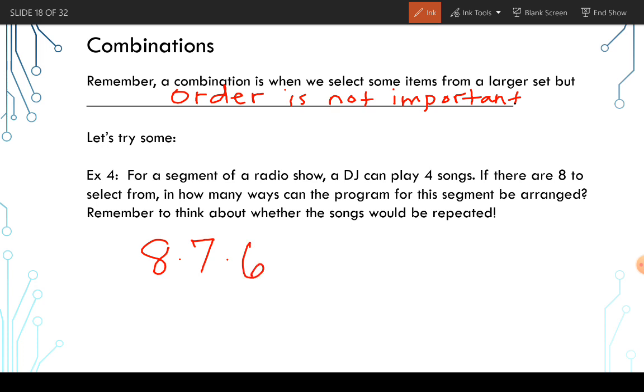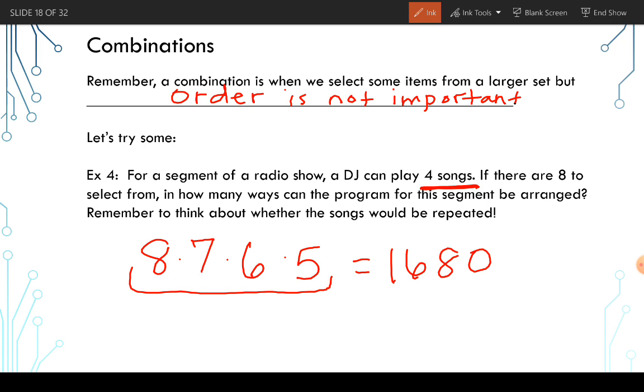We have 6 left, okay? And then once we play that song, we only have 5 more options. We stop when we have 4 values. Okay? We multiply these together and we get 1,680 ways for the 8 songs to be arranged.